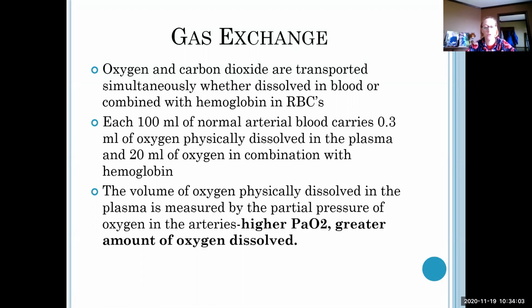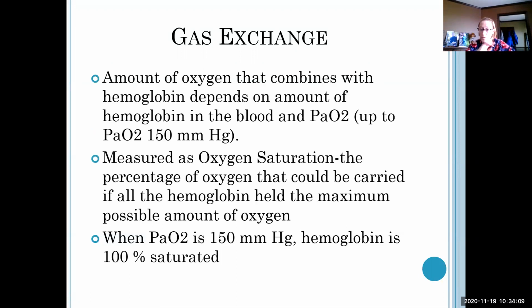The higher our PaO2, the greater the amount of oxygen dissolved. And the amount of oxygen that combines with the hemoglobin depends on the amount of hemoglobin in the blood and the PaO2. We know that the lower the hemoglobin, the less oxygen carrying capacity we're going to have, so we can have hypoxia as a result of low hemoglobin as well.